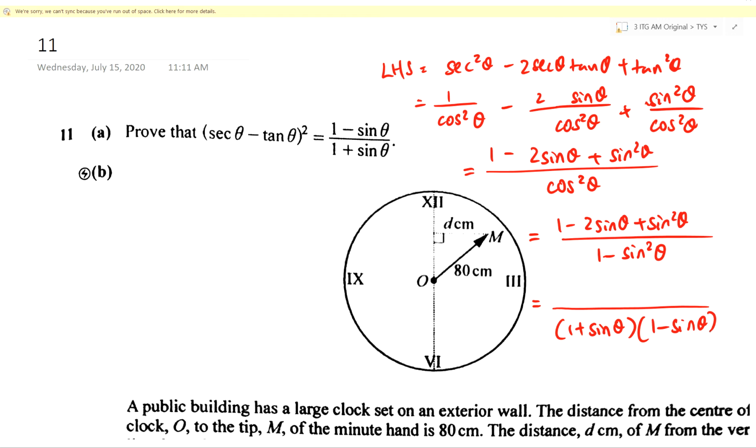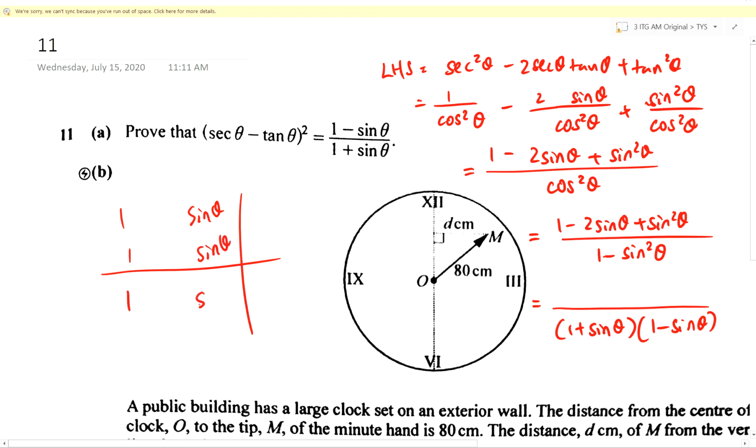And now we examine the numerator again. This is 1 minus 2 times something plus that something squared. Does this sound familiar? 1 minus 2a plus a squared. Can you factorize that? Now you can do it this way: 1, sine theta, 1, sine theta.